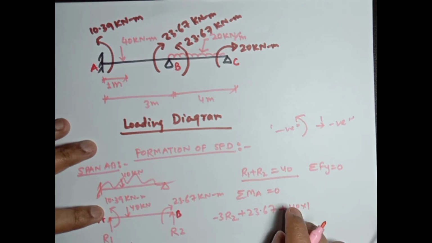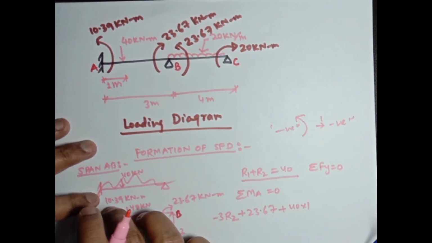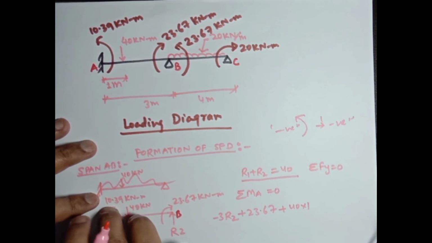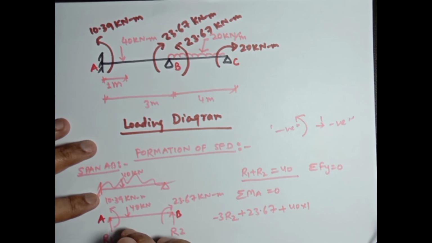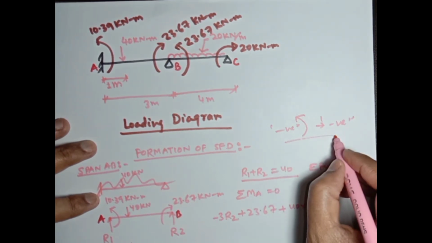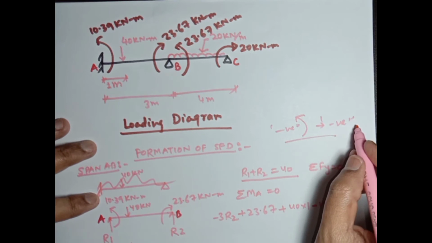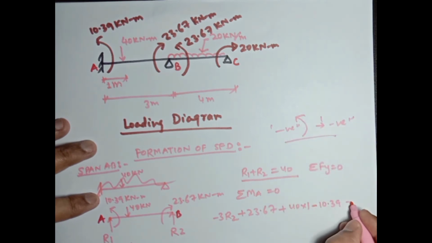Then minus 10.39, which is acting in anti-clockwise direction. As per the rule, negative sign is used for anti-clockwise moment. The sum will be 0.